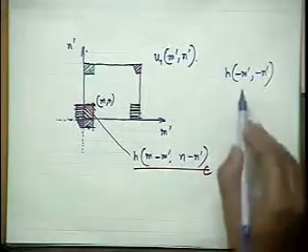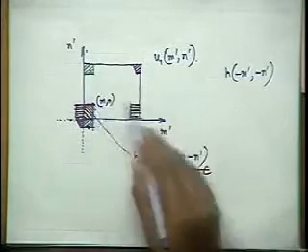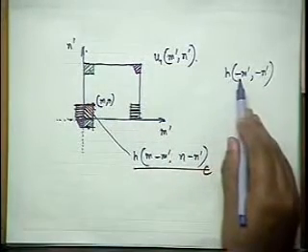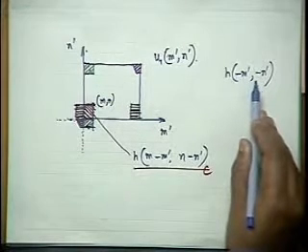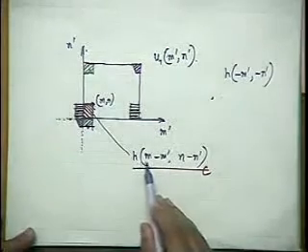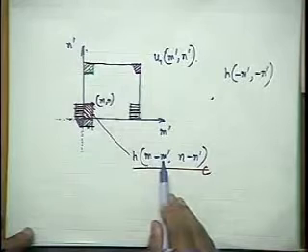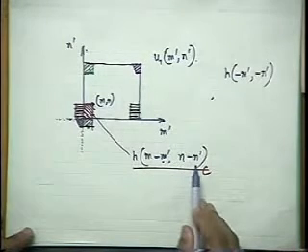If we apply a translation of mn to the function h of minus m prime minus n prime, that is to say, we are applying a translation on that folded function, giving it a translation of m and n. So after translating, we will be getting the function as h of m minus m prime, n minus n prime.